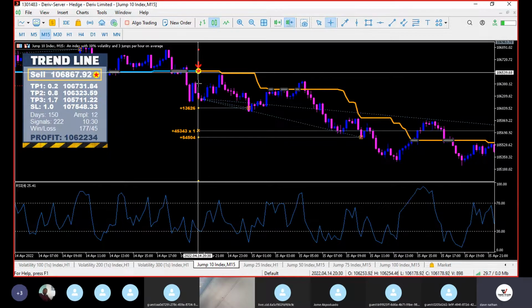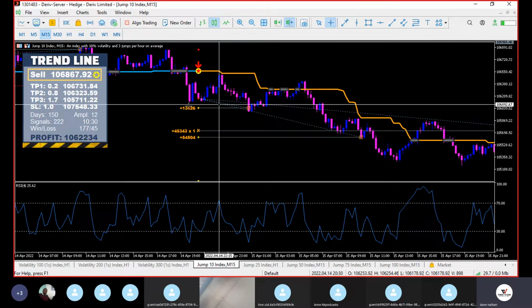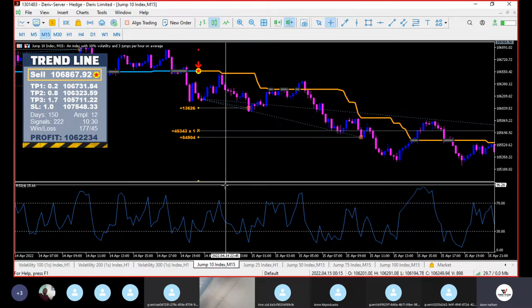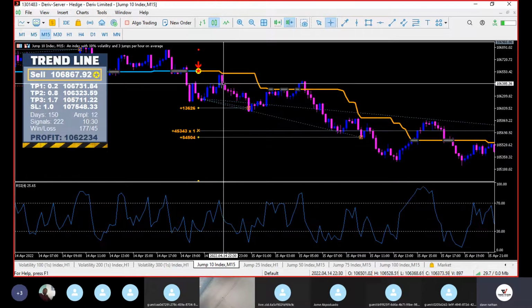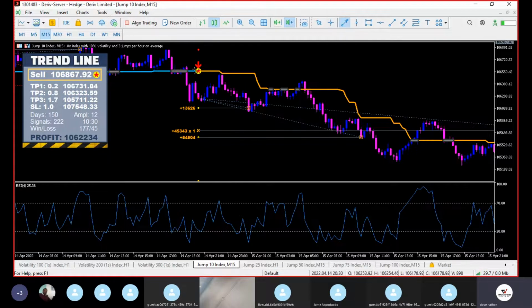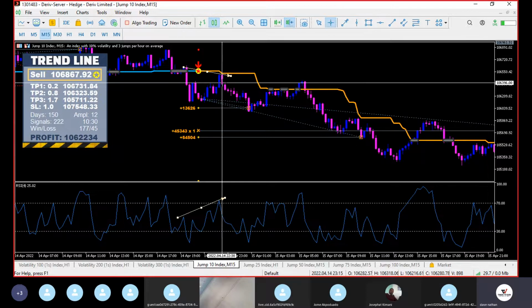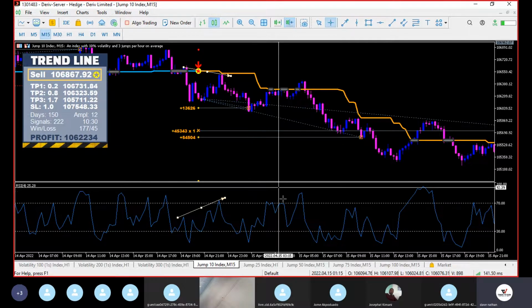So you take it, your sell signal comes here, it's your bias. All right, you wait for RSI, good pullback, you can see divergence here, divergence here, and then your bearish candle confirmation. It was good.